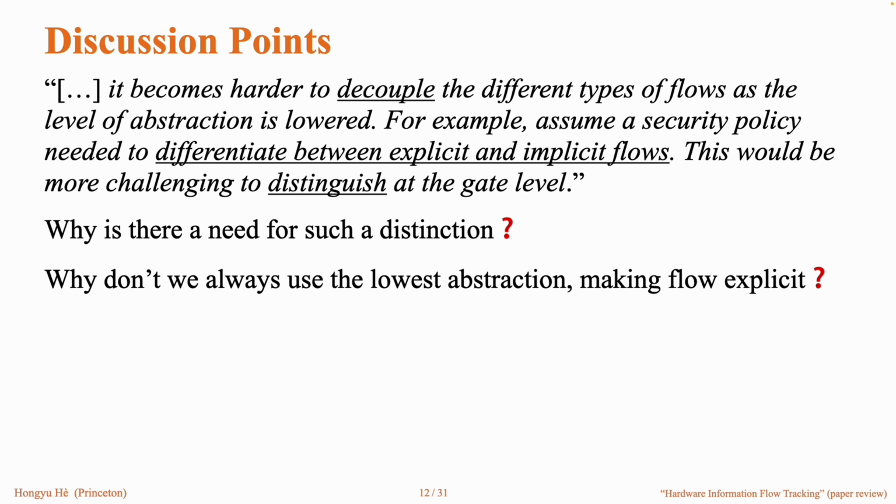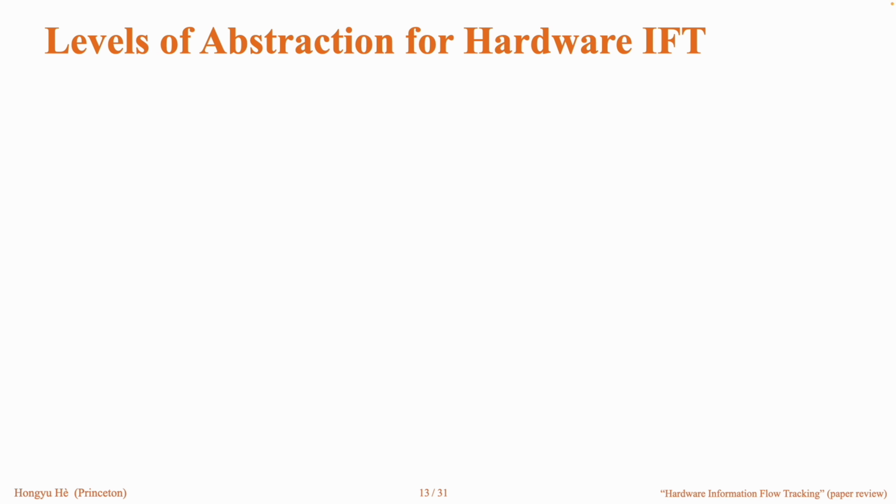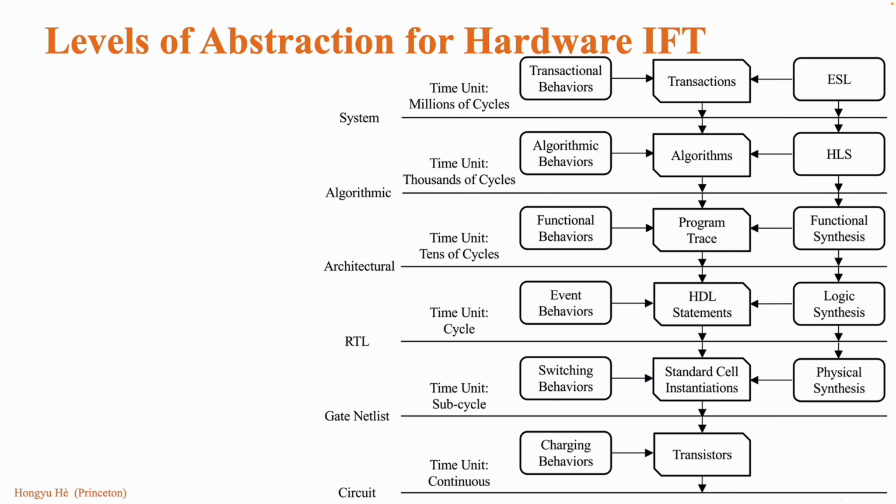Exactly. So I think the distinction really makes a difference in terms of semantics and helping the development and debugging process. And so, different levels of abstraction are introduced in this paper. They have this whole catalog of the hierarchy.